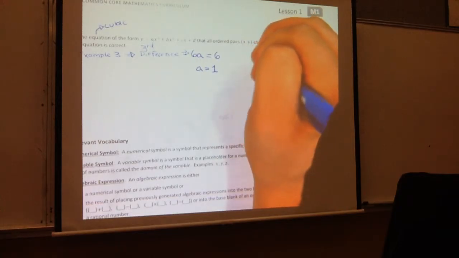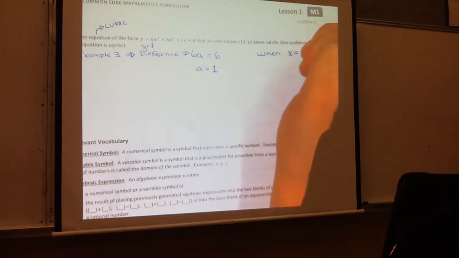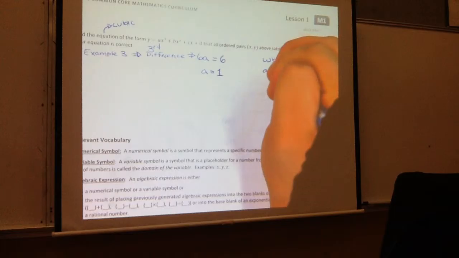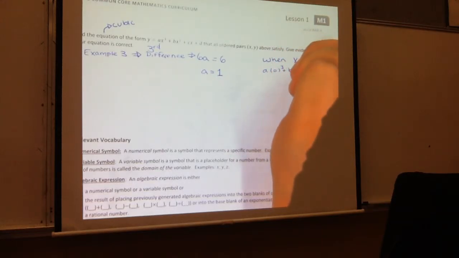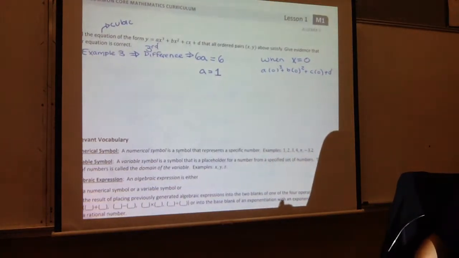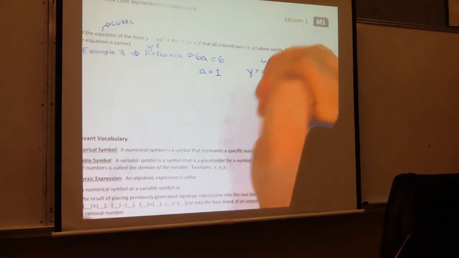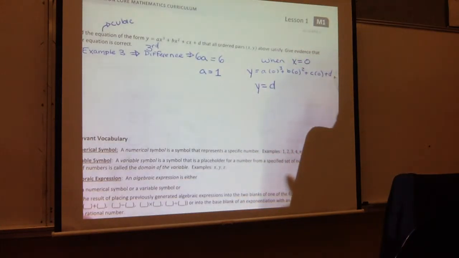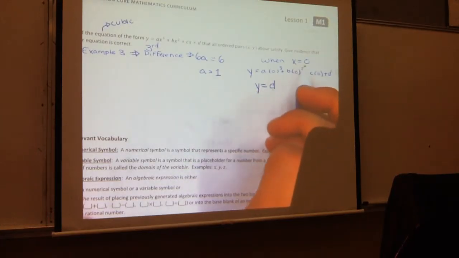When x equals 0, we have a times 0 cubed plus b times 0 squared plus c times 0 plus d, so y equals d. Y equals d at x equals 0.